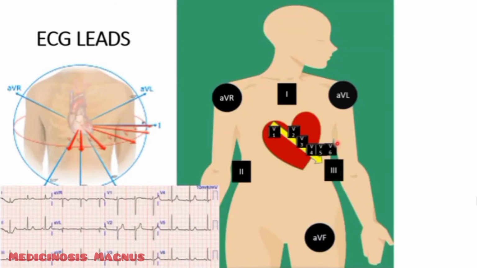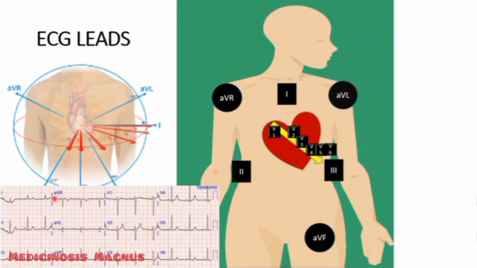Now, I told you that a few waves are pointed down. This is because several leads are placed at several places, and each lead looks at the heart from a different direction. For example, the current is passing downwards, but AVR is on the opposite side, so its waves are shown opposite, pointing downwards.